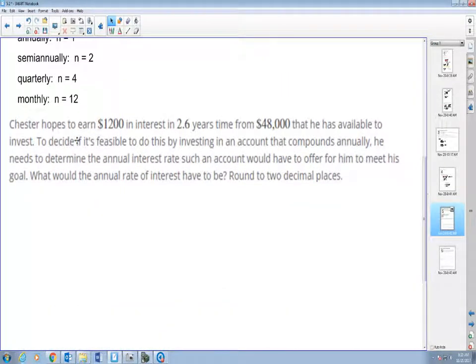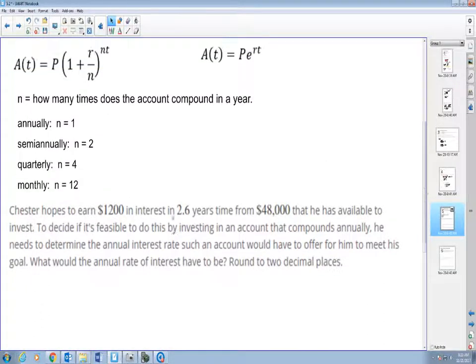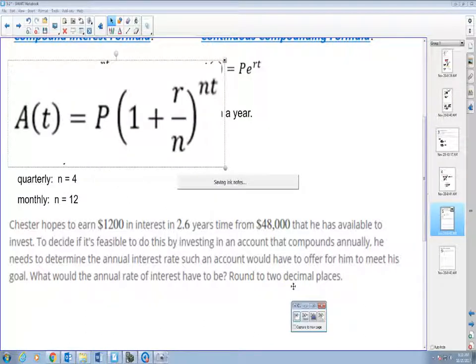Let's say Chester hoped to earn $1,200 in interest in 2.6 years from $48,000 that he has available to invest. If you look at my formula here, I picked this one because the problem just says compound.